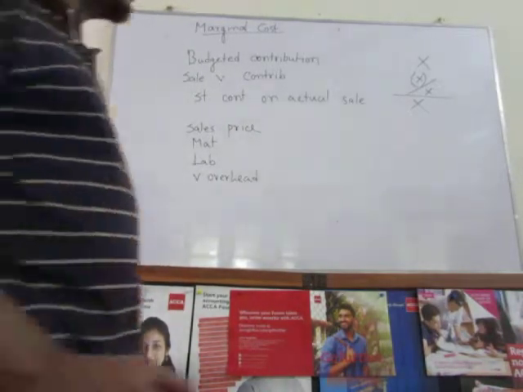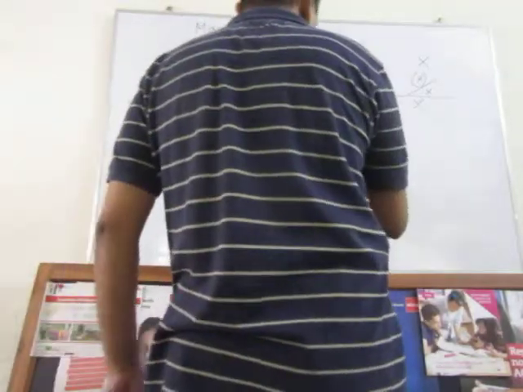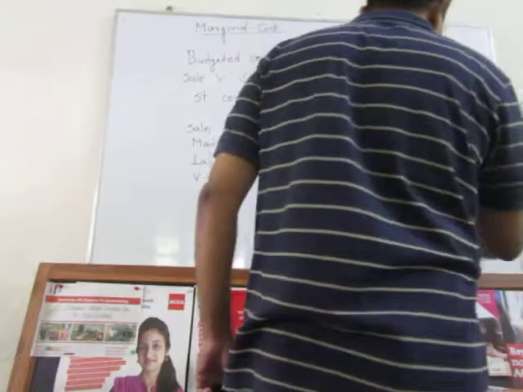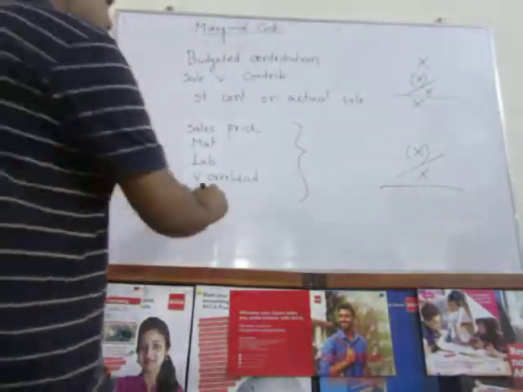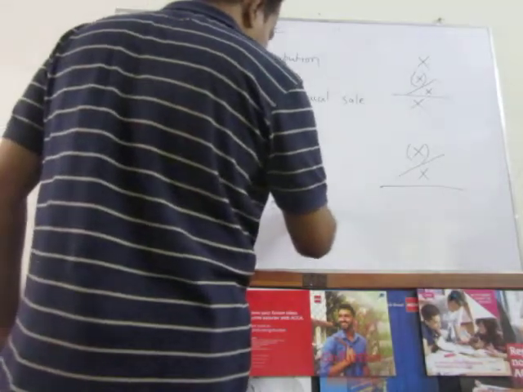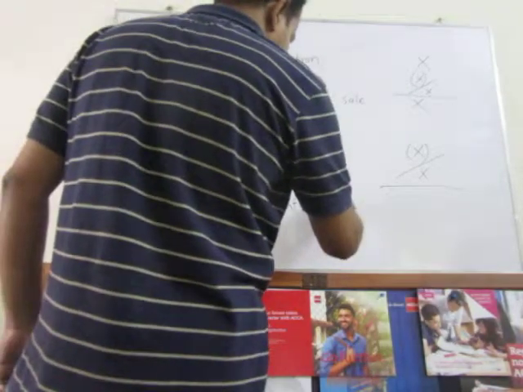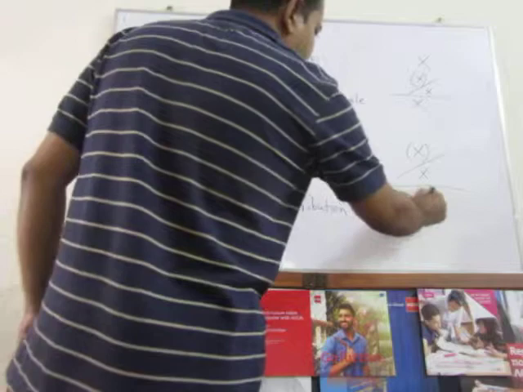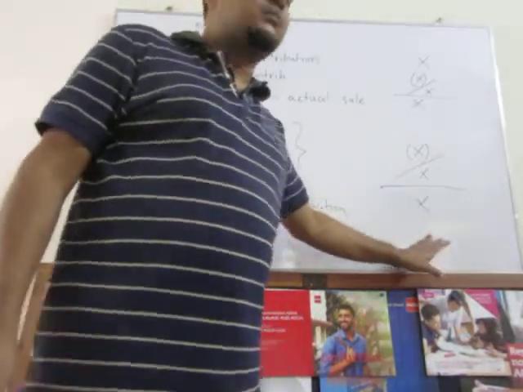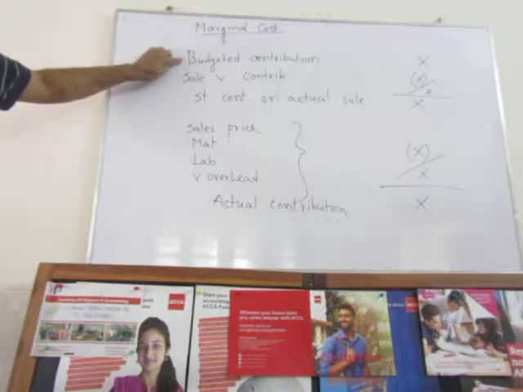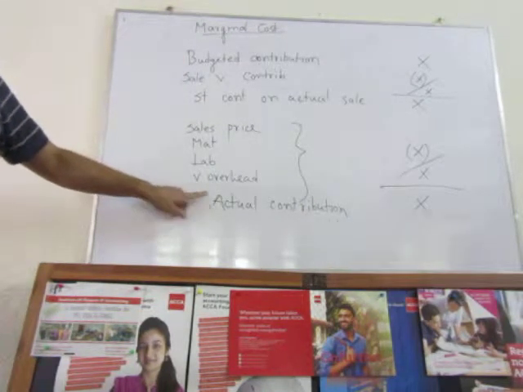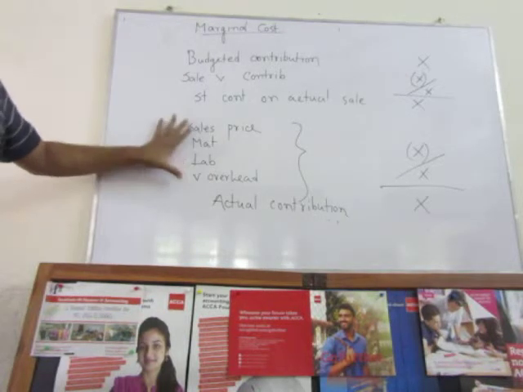So when we adjust all these variances, it may be adverse, it may be favorable. It will provide us the actual contribution. If you have the actual contribution, that means from budgeted contribution we find out the actual contribution. এখানে কিন্তু ফিক্সড ওভারহেডের কোনো ভ্যারিয়েন্স আনা হয়নি, বোঝা গেছে?